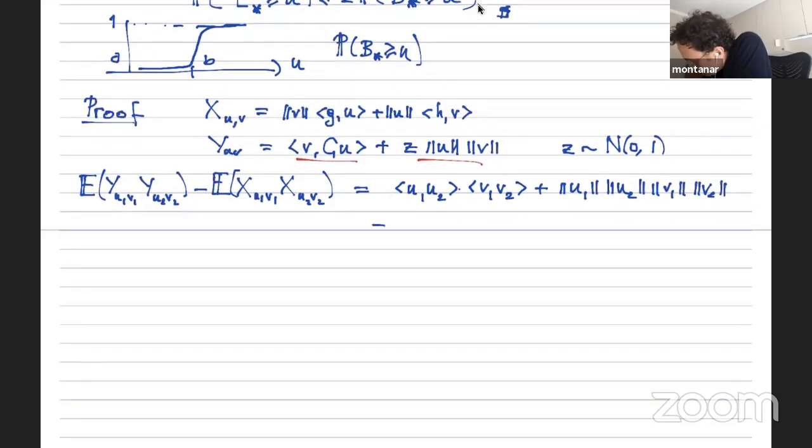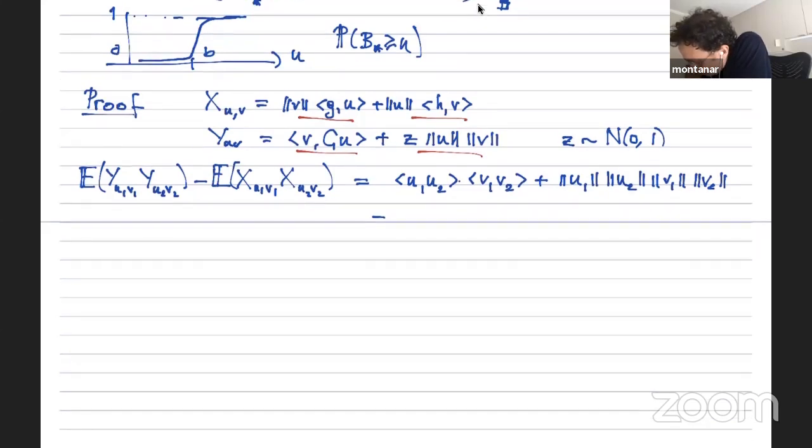And then you subtract the X contribution. And again, there is a piece that comes from this term and a piece that comes from this term. And of course, they are symmetric, so they are simple to compute. The first one is U1, U2 times V1, V2.